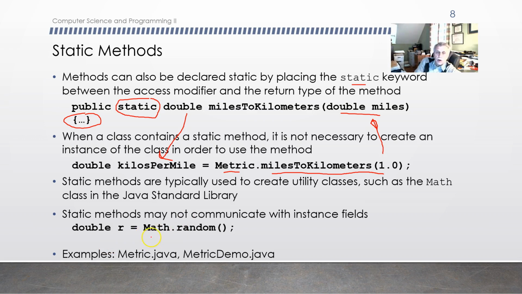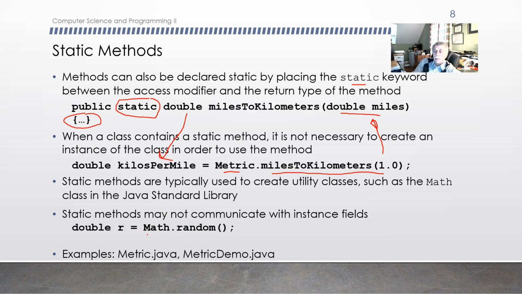Very similar to what we've done with the math class. Here's where we're invoking the random function to generate a random number or a series of random numbers from the math class. So that's pretty neat. Okay, so we're familiar with some of this already. We've used it, but not really formally described it. So now we see that this is really what math is built upon.